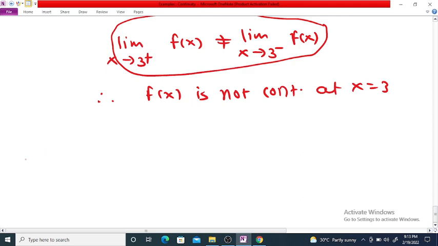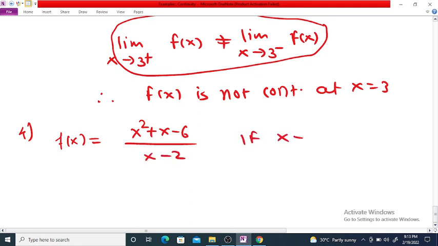So now the next example, example number 4. Let f(x) be equal to (x square plus x minus 6) divided by (x minus 2) if x is not equal to 2.